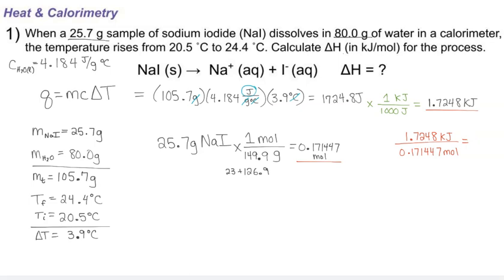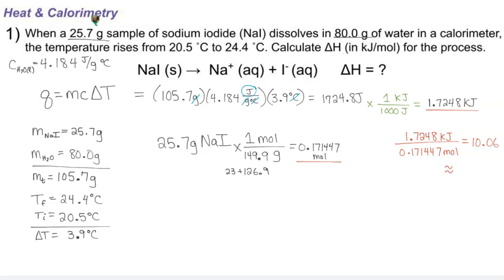And I'll take the values in my calculator exactly. 1.7248 divided by the exact number of moles, and that gives me 10.06 kilojoules per mole, but of course I am going to do sig figs now that I'm at my final value.